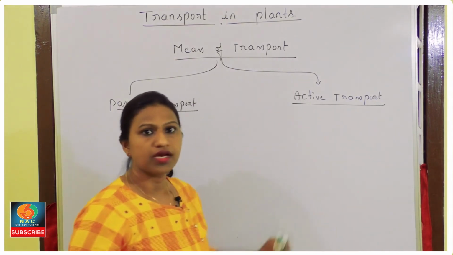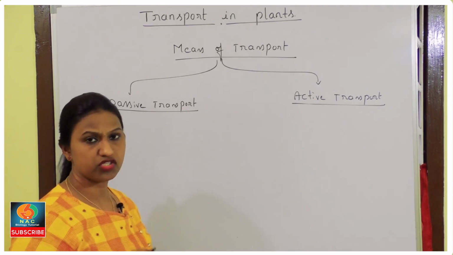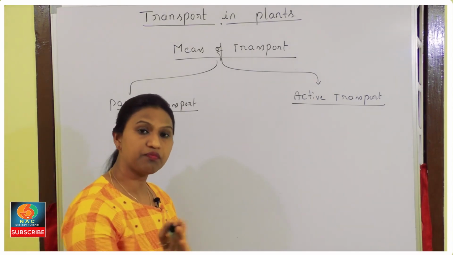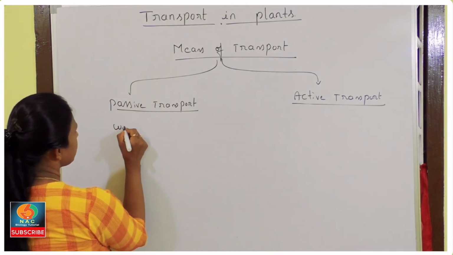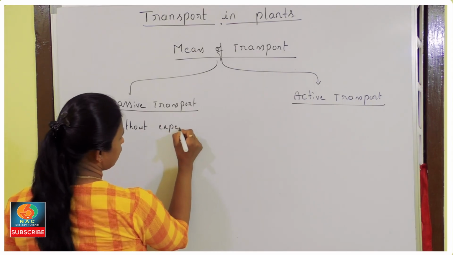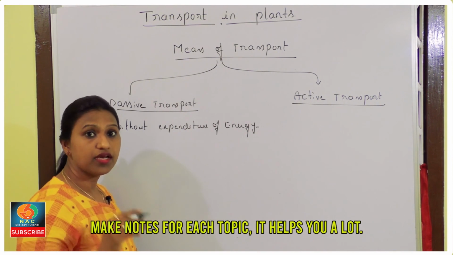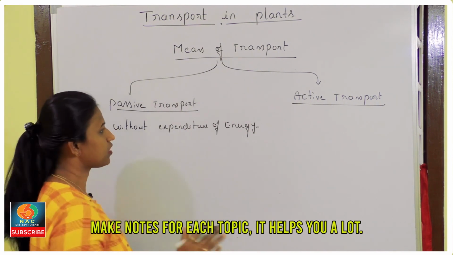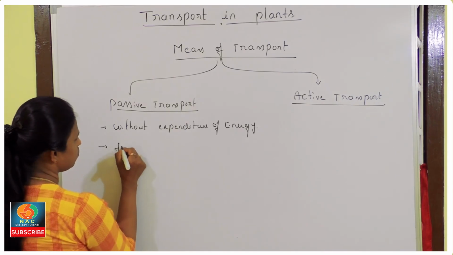Here passive transport means without expenditure of energy. The molecules are simply moving silently, right? So here, without expenditure of energy, and they are following the concentration gradient. I will explain what is the meaning of this term.